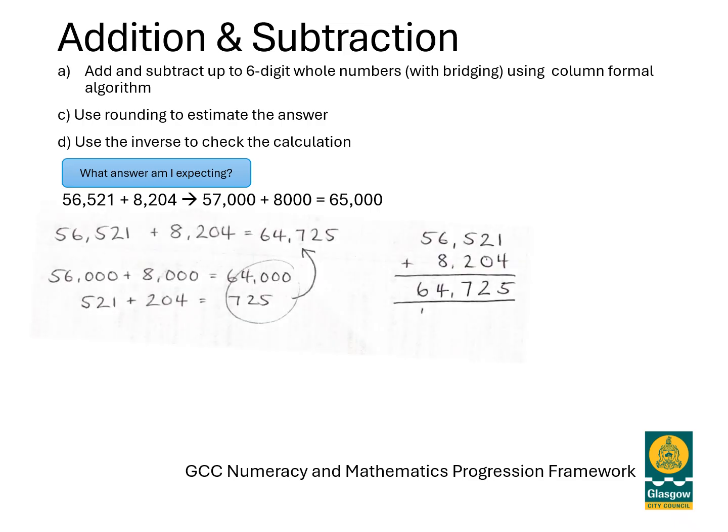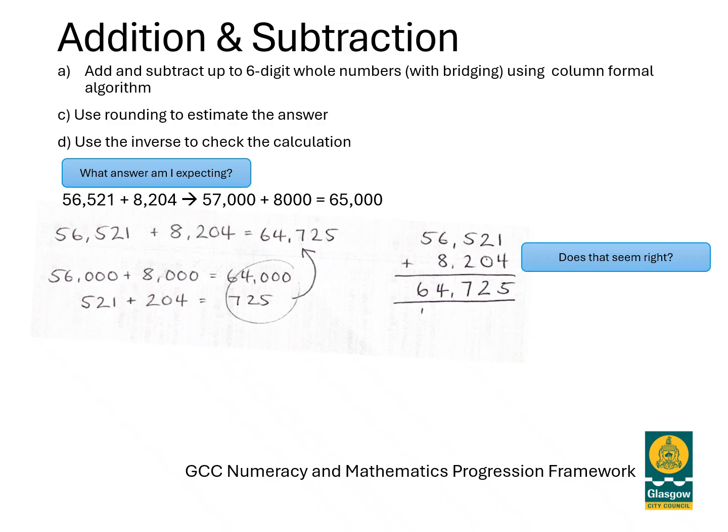Now, we want as many as possible to be using a formal column algorithm because it's the most efficient. But if they want to or need to still use a partitioning strategy like the one on the left-hand side, that's fine too. Both of these result in an answer that looks okay, given that we've got an estimate of 65,000. So we want them to ask themselves, does my answer seem right?